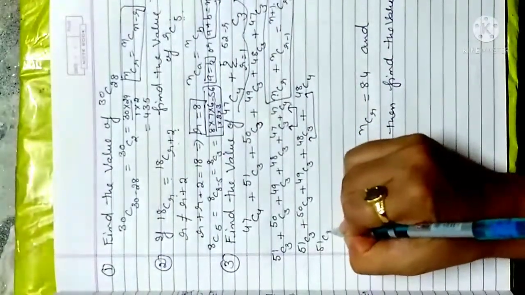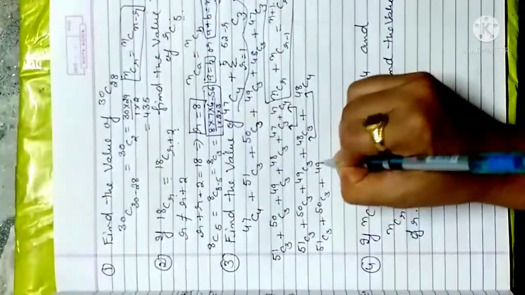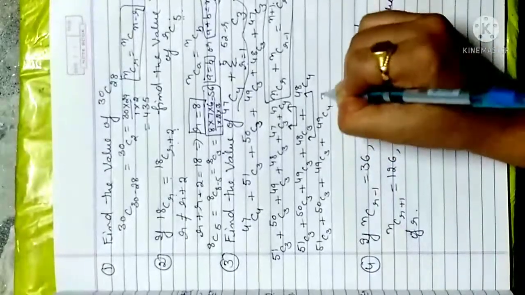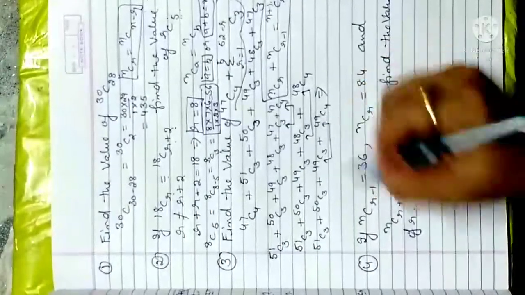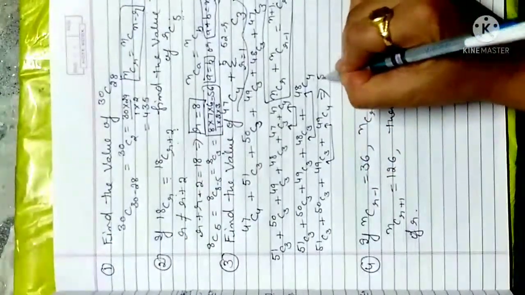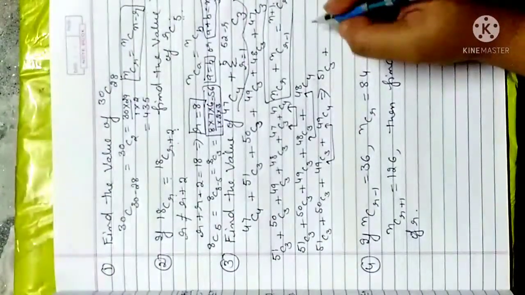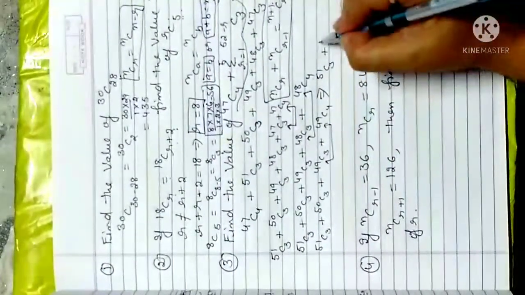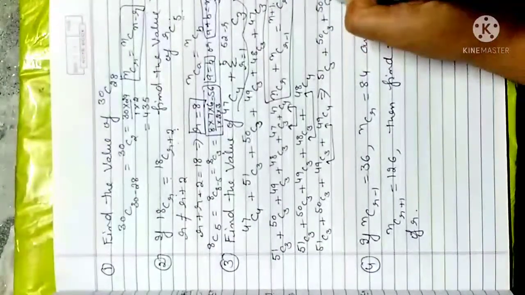Then 51C3, 50C3 plus 49C3 plus 49C4. Now these two terms are again the same N, so that becomes 50C4, that is 51C3, 50C3 plus 50C4.